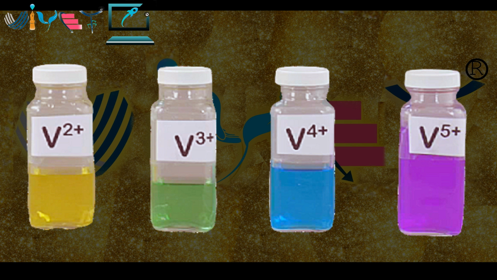Then you can see the green color, then blue color, and then yellow. For green it is V(H2O)6 3+. The ion charge is 3+. So from the right it is lilac, then blue, then green, and then yellow. And why does it happen?